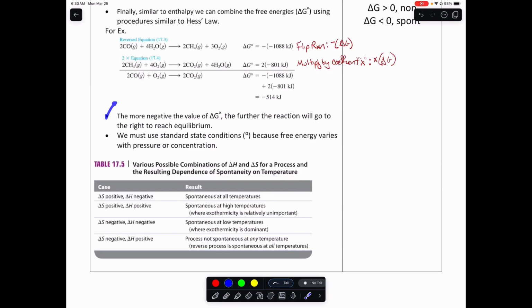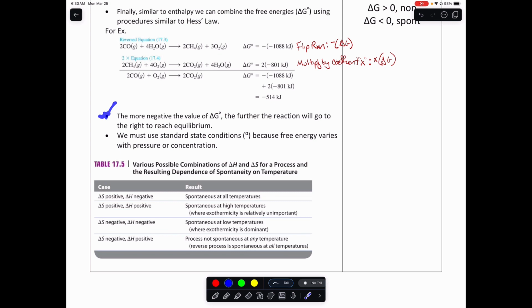Here we see that the more negative the free energy, the further the reaction will go to the right to reach equilibrium. So in other words, if your delta G is -5, then the reaction definitely favors products. But if your delta G is -50, then the reaction favors products even to a greater extent.